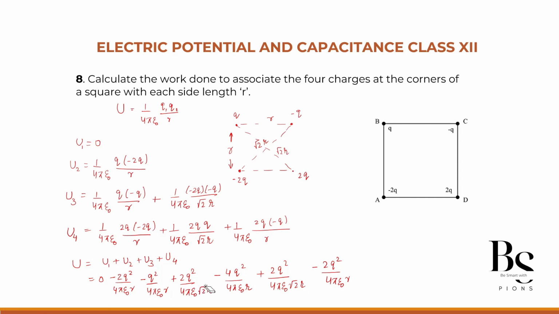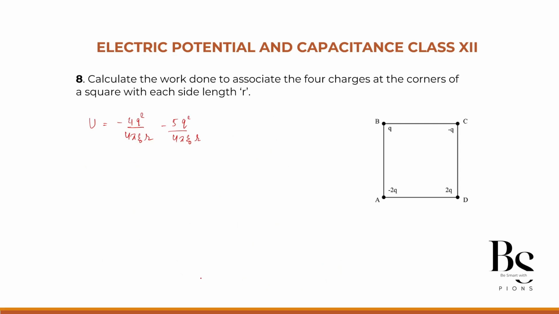Then we are left with these root 2 parameters, like root 2 are here and root 2 are here. So 2 and 2, 4. So here 2 and this 2, 4. 4q square by 4 pi epsilon naught root 2r. Correct? Great.